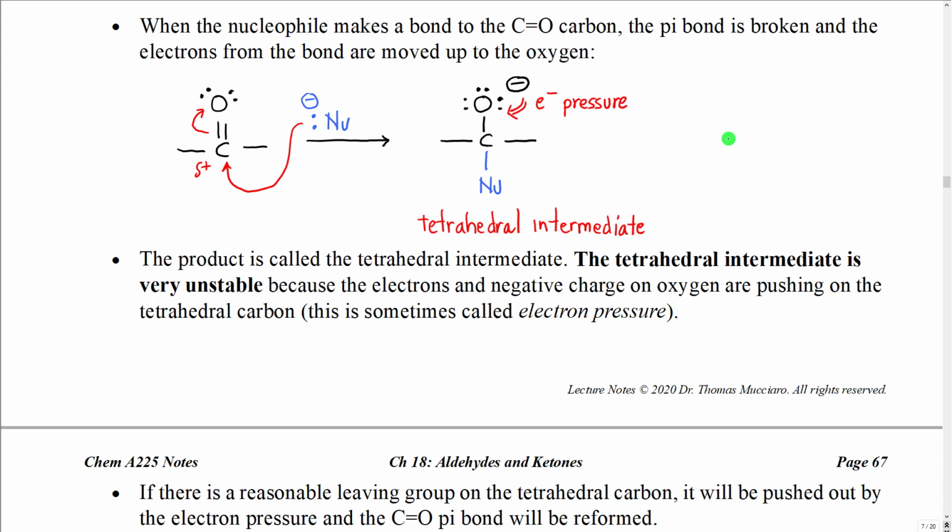It's even given a special name: the tetrahedral intermediate, probably because we start with a trigonal planar carbonyl, and once we add another bond to it, giving it a steric number of 4, it becomes tetrahedral. The important thing about the tetrahedral intermediate is that it is extremely unstable, because this negative charge on the oxygen is going to create what we call electron pressure, repulsion from those electrons pushing out against the other bonds.